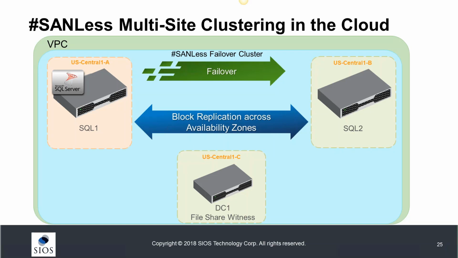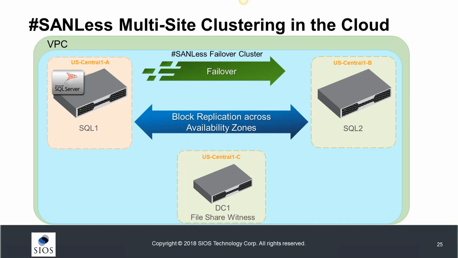In this case, we're going to put the file share witness in zone C. And by keeping each vote of the quorum in a different zone, you eliminate the possibility of losing more than one vote should an entire zone go offline. So you could lose any one of these votes and the remaining nodes would continue to function just fine. You shouldn't notice any outage.